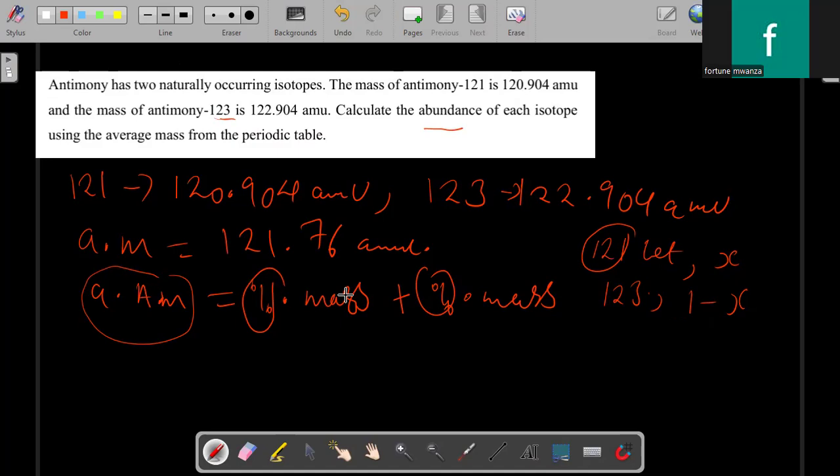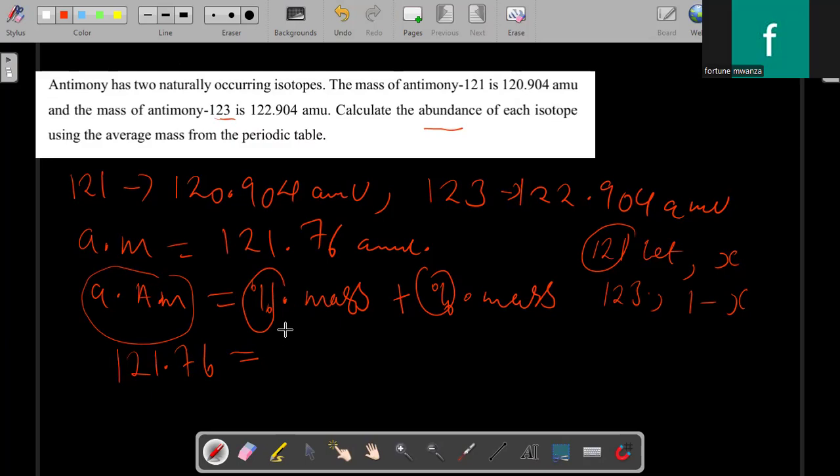Then I can come back to my formula and replace this information in it. I have my average atomic mass number, 121.76, equal to the percentage abundance.